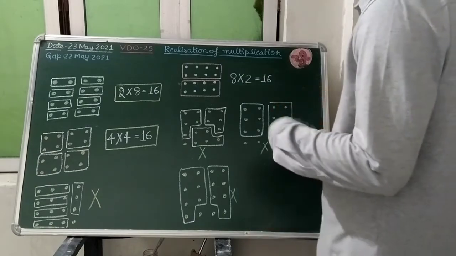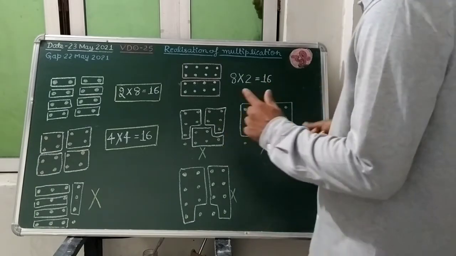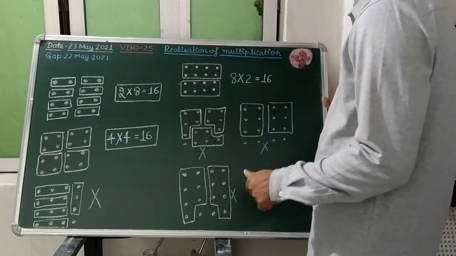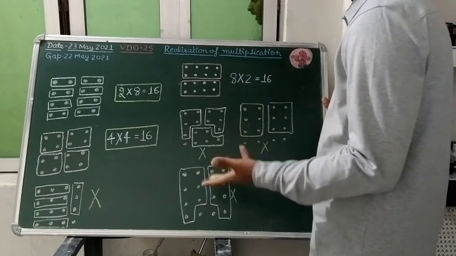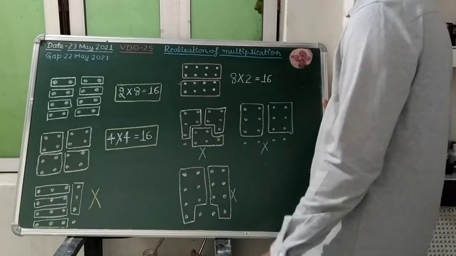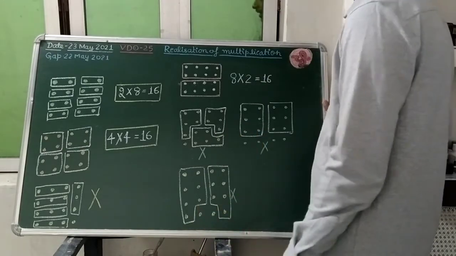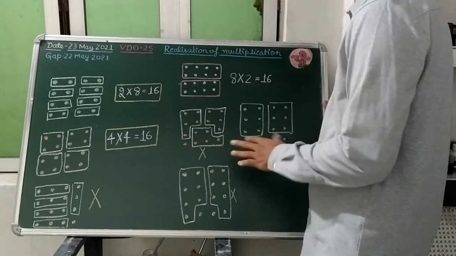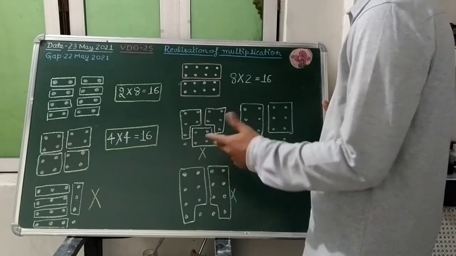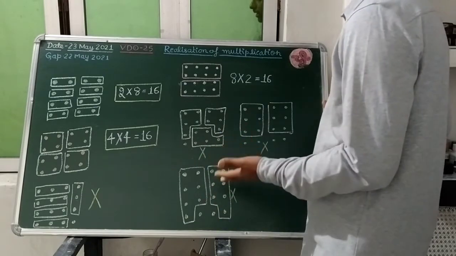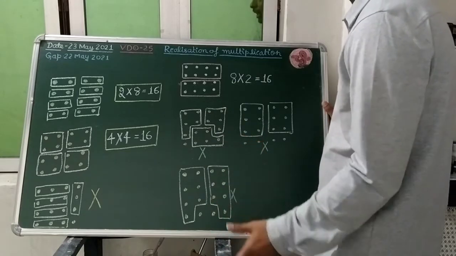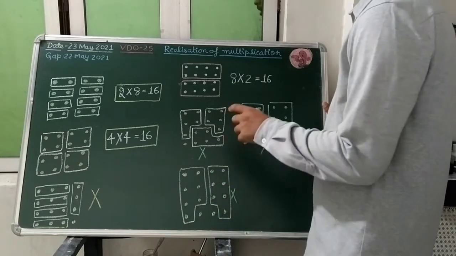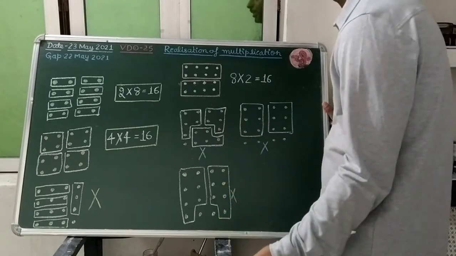And when you group 9 dots together, students, there will be only one group, and 7 dots will be left, isn't it? 9 1s are 9, 9 2s are 18, so 18 is more than 16. It is going beyond 16. So what will we do? 9 1s are 9, but how many? 7 dots will be left in that case.